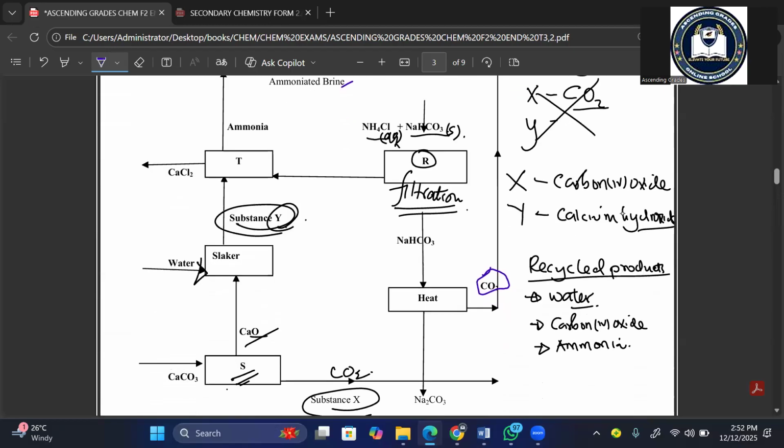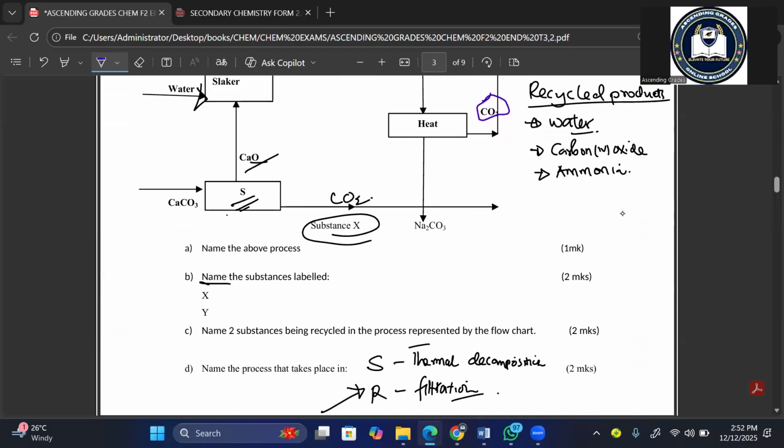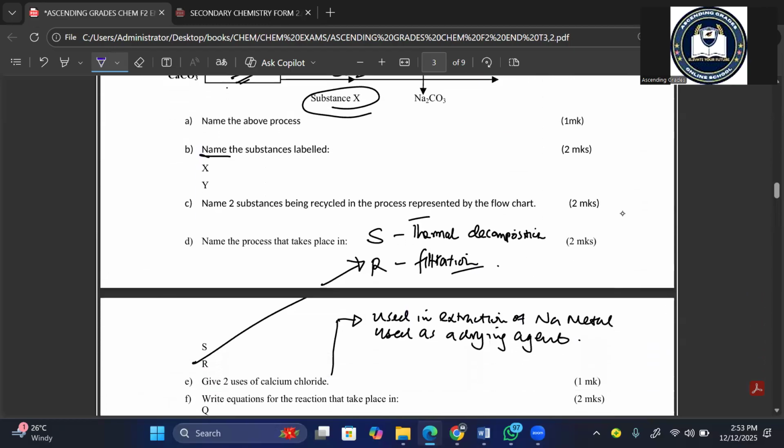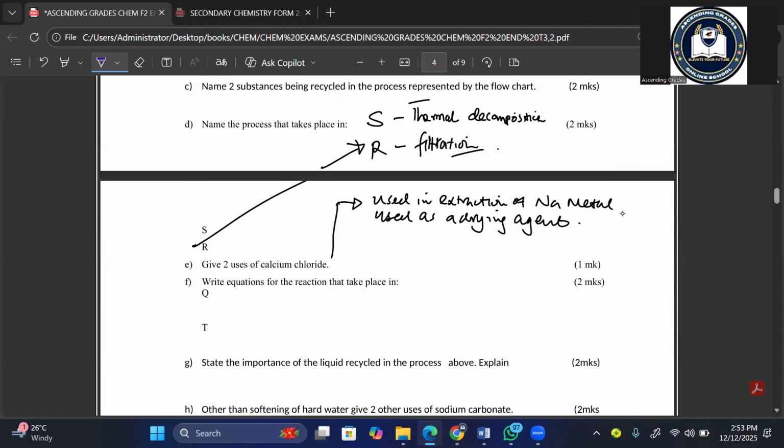So let me get some space. So ammoniated brine is just from a mix-up of ammonia gas with sodium chloride.